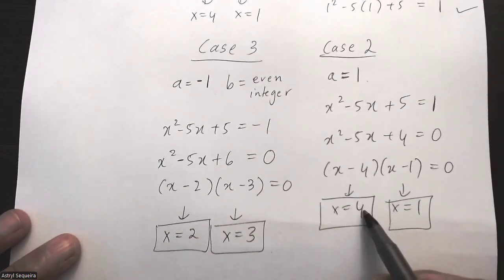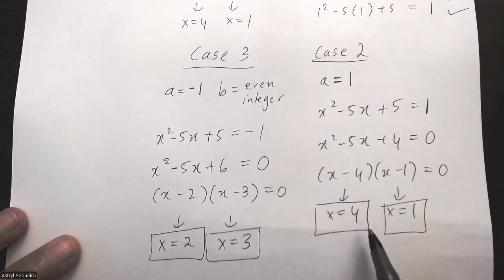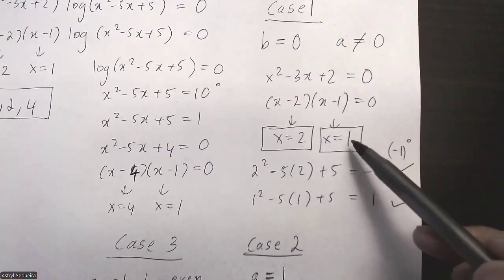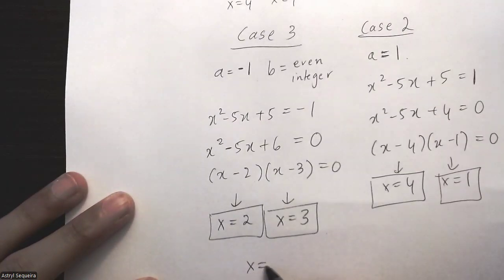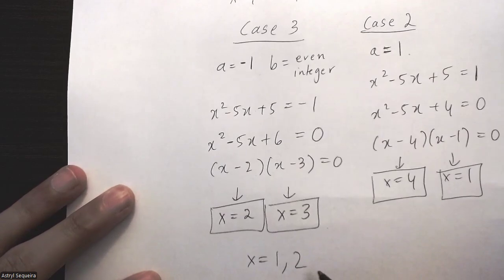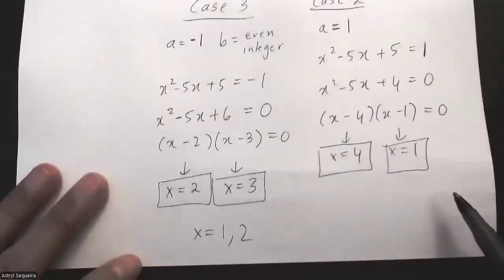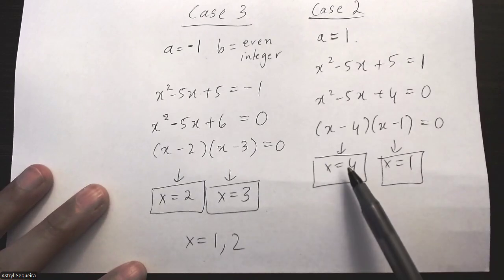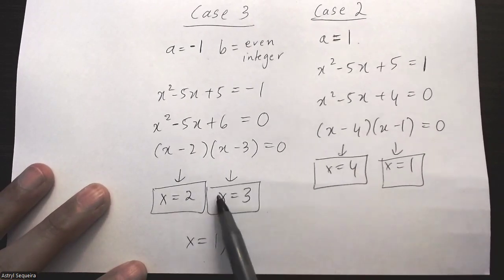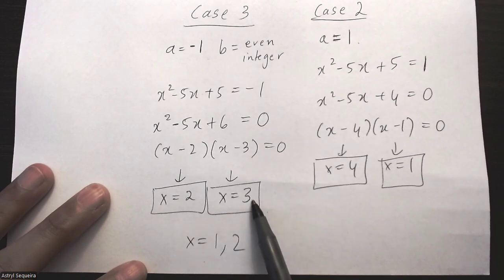So what you want to do is sub in all our solutions to test. I already tested out 1 and 2 over there, so I know that x equals 1 and x equals 2 are definitely good solutions. And over here in my second case, 1 is repeated, no need to test it again. But then I have 4, and then for my third case, I have to test 3.